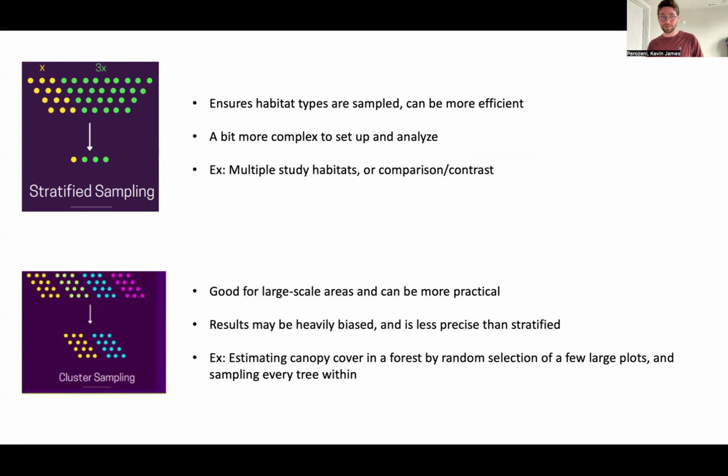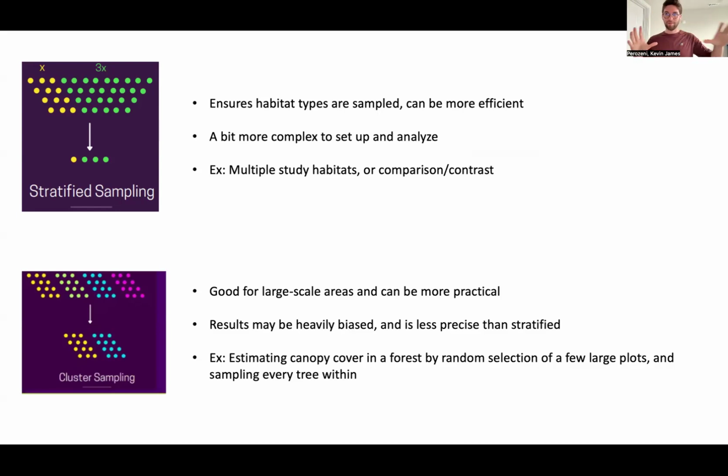And then finally, cluster sampling. It's good for large-scale areas and it can be more practical, but you could also really heavily bias your results, and it's a little less precise than stratified above. If you're wondering what the difference is, cluster might be that you have a large forest, you want to look at canopy cover, and you've selected a few random large plots.